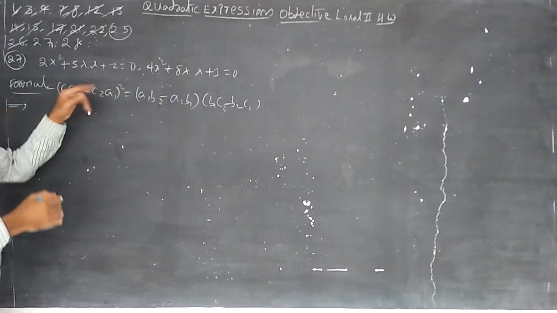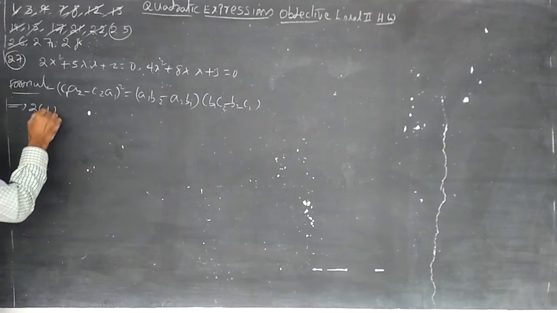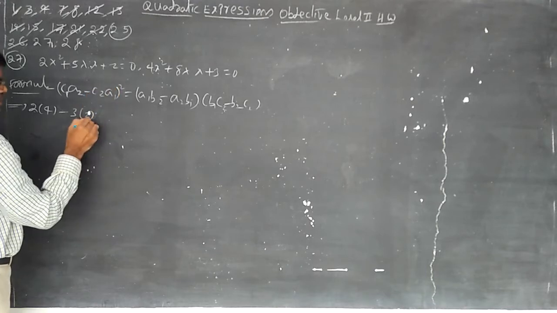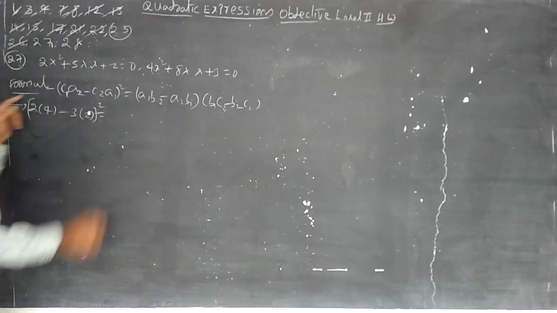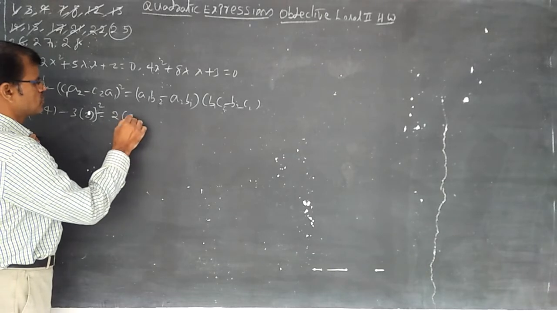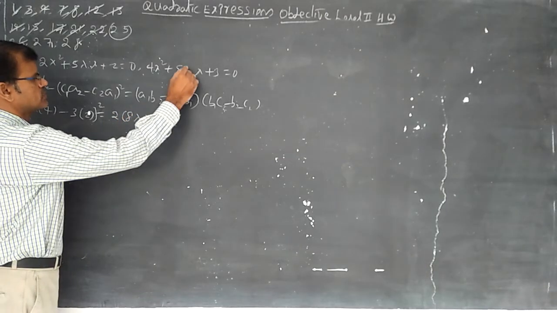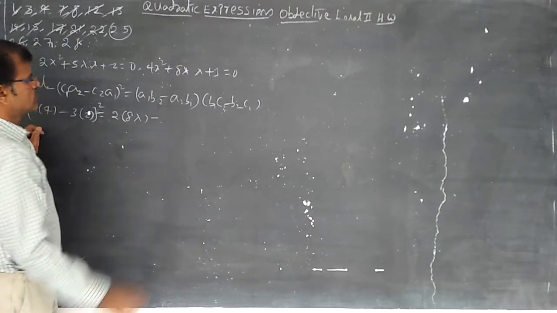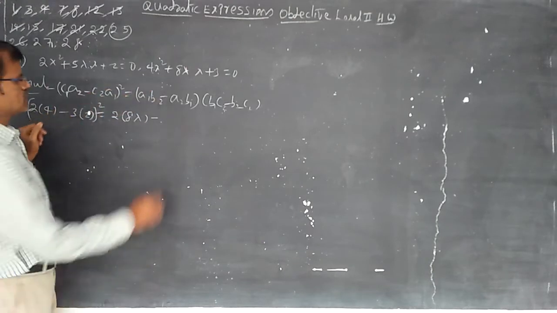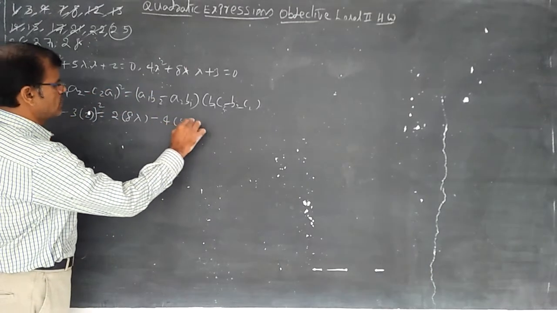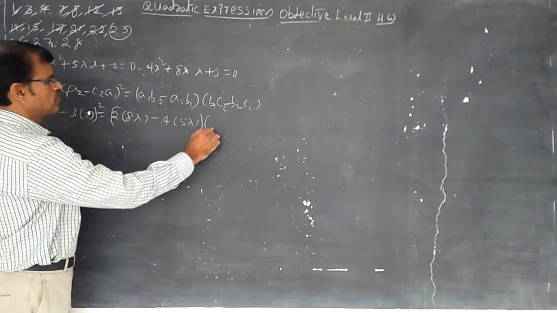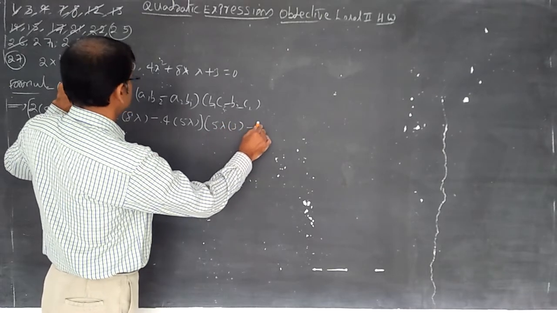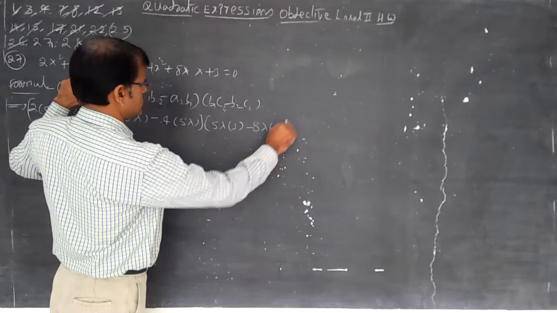That implies what is C1 here? 2. 2 into 4 minus C2, means 3 into 2, whole squared is equal to A1 into B2, so 2 into 8 lambda, minus A2 into B1, 4 into 5 lambda, into B1 C2, B1 means 5 lambda into 3, minus B2 means 8 lambda into C1, which is 2.